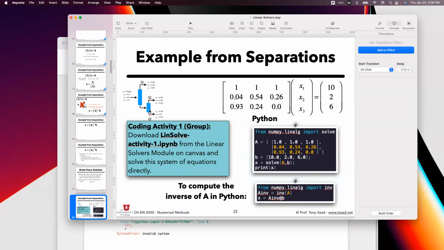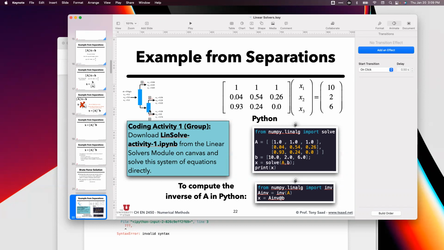You open the outer list on the outside, and then you put in the first list for the first row, second list for the second row, third list for the third row, and then define the right-hand side simply as a list. So call that a vector, and then declare your solution as solve A, comma B. So solve coefficient matrix with this right-hand side, and then print the solution. Okay, let's see what you've got.